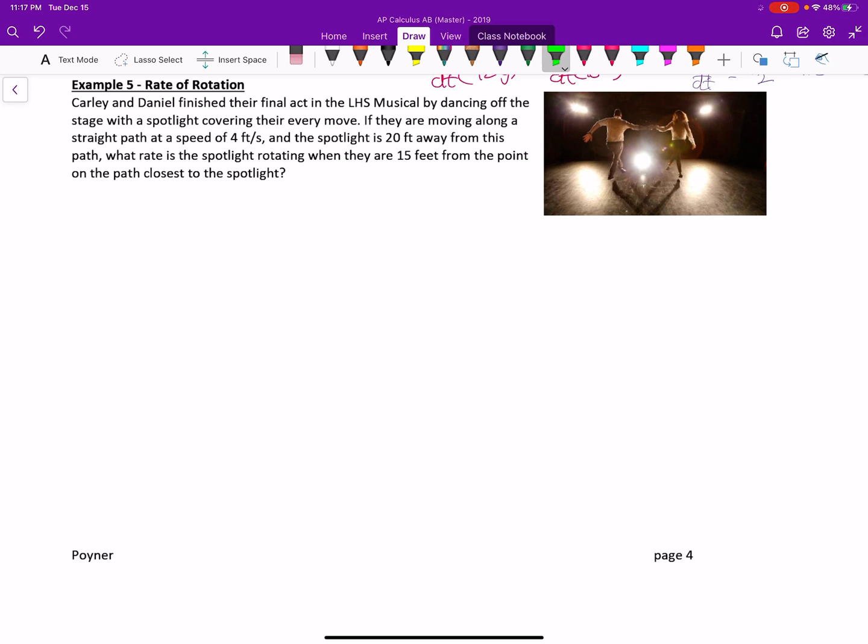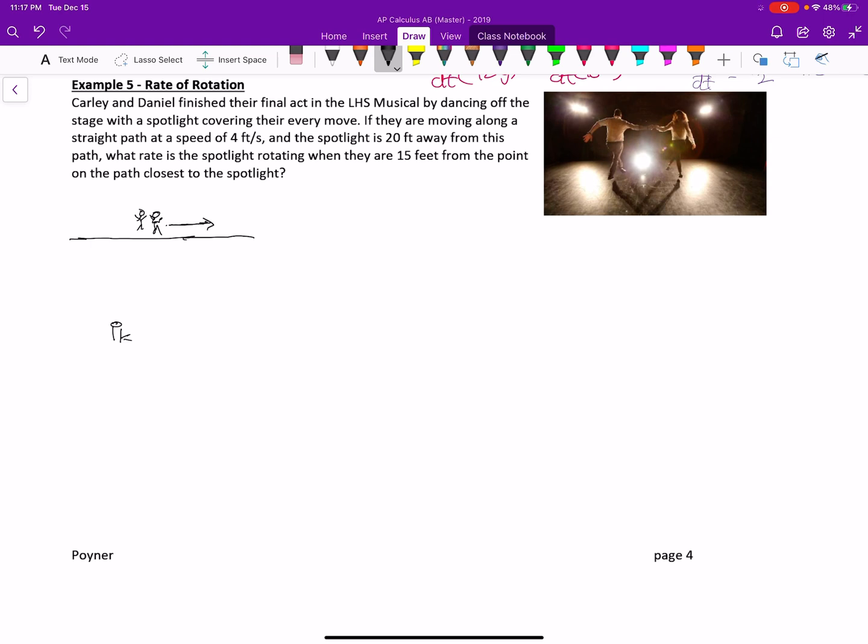Okay, so I think to organize our thinking, we need to do a little bit of a drawing. Here we have the stage, and the spotlight is over here, shining onto the stage. Imagine here's Carly and Daniel performing, going off stage in that direction.